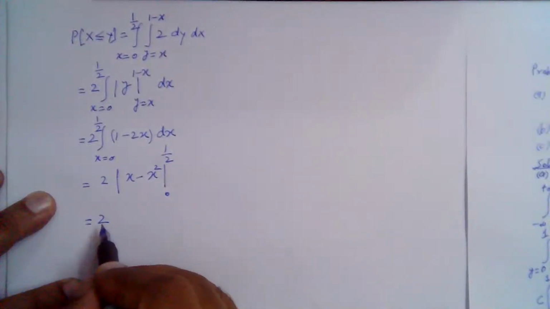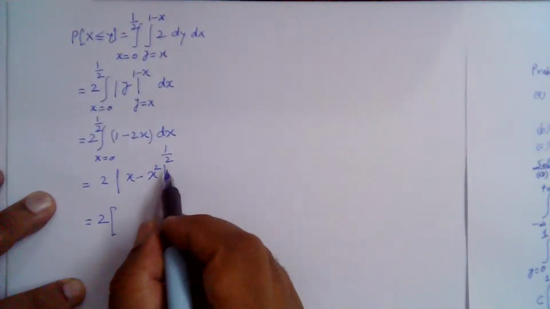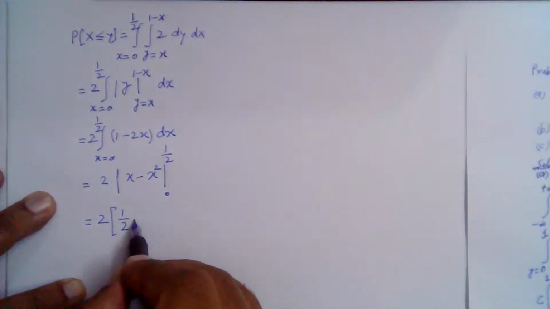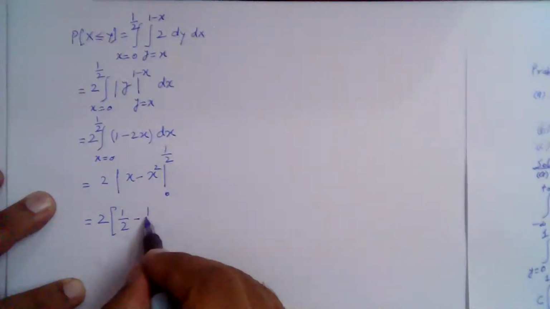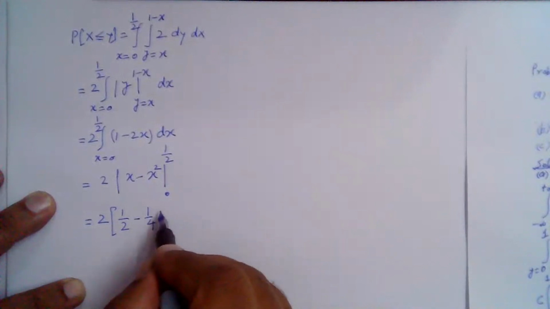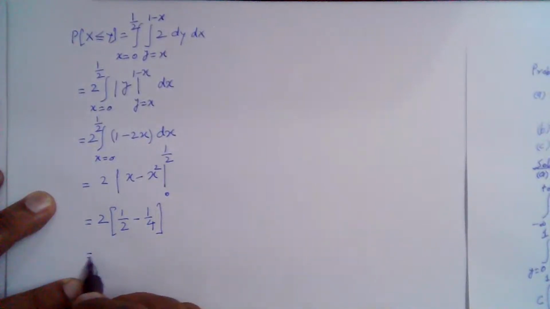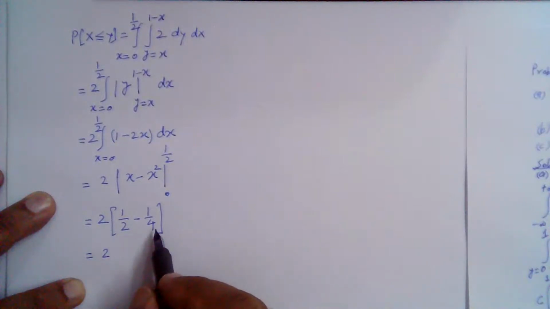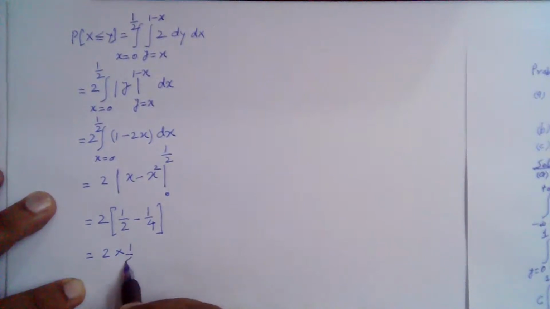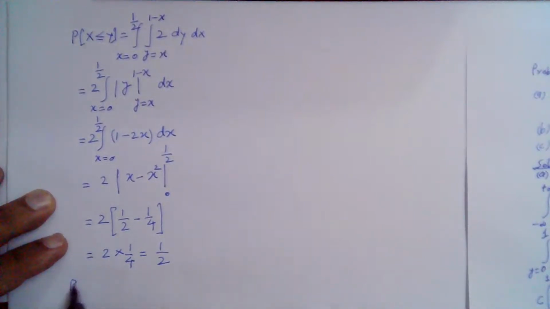So this is 2 here, and now let's put down the values. 1 over 2 minus 1 over 4, and minus 0, we leave that out. So this is 2, and 1 by 2 minus 1 by 4 is again 1 by 4. So that is 1 over 2. So the probability that x is less than or equal to y is 1 over 2.